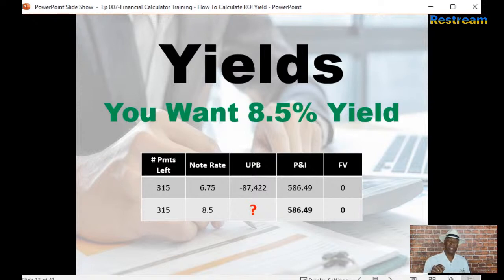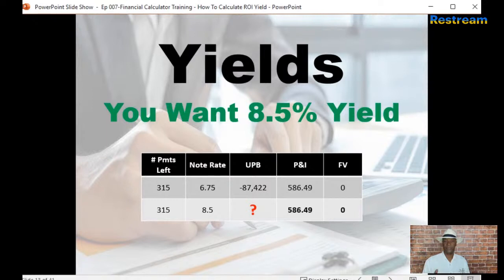In order to earn 8.5, we actually have to pay less for the note than $87,422. If we pay less for the note, but yet we're collecting payments on 87,000, then our yield goes up. So the question becomes, how much would I pay for this note if I want to earn 8.5%?